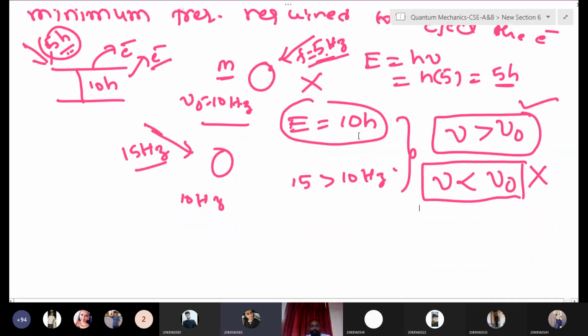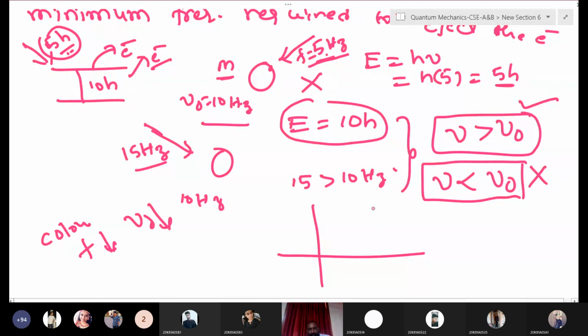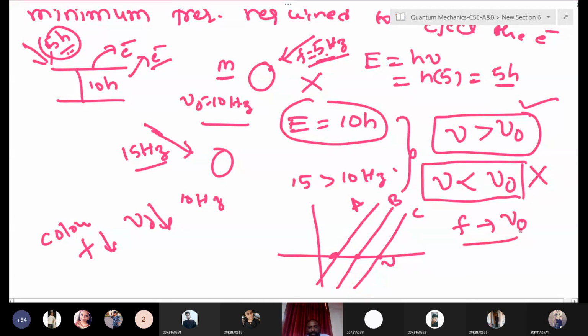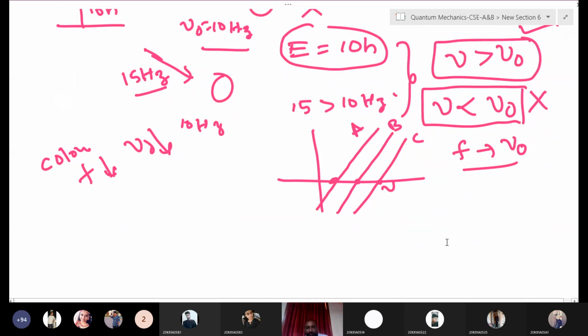Every color has a different frequency. If the color changes, the frequency changes, and the threshold frequency also changes. For different colors, if you draw the line, you get different values: color A, color B, color C. These colors have different frequencies, so they have different threshold frequencies.